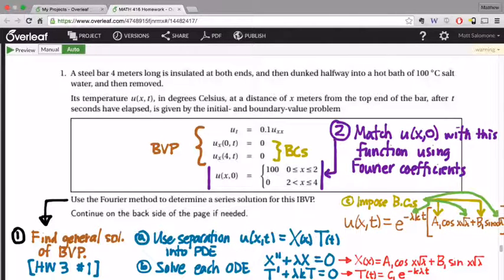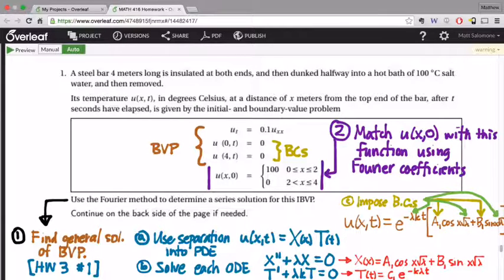So for example, since I don't want to do exactly the problem that I've assigned you, I'm going to just change this a little bit. I'm going to change the boundary conditions so that instead of being the derivative with respect to x at 0 and 4, let's just make it the value of the function at 0 and 4 are equal to 0.